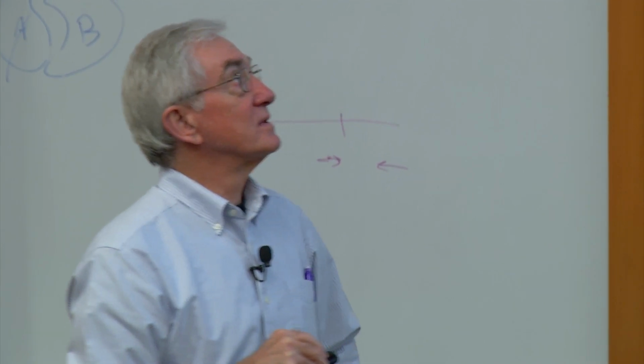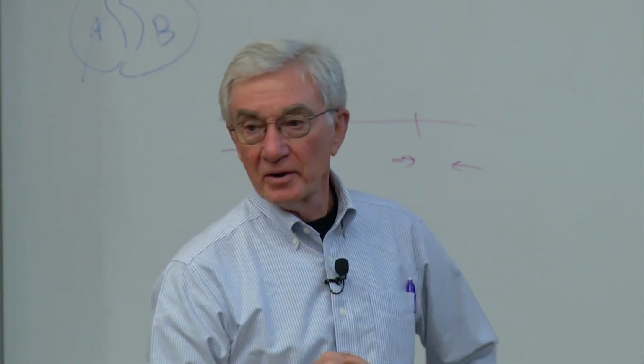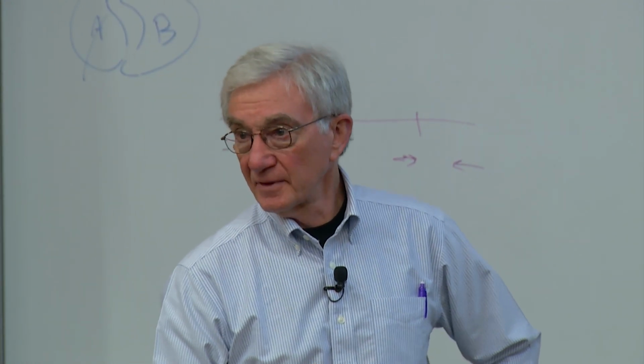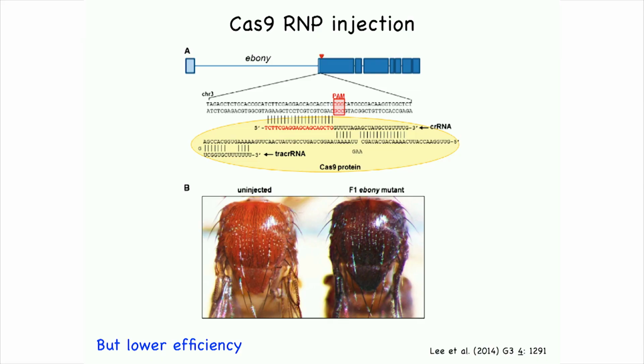People have used the Cas9 RNP approach in Drosophila as well. This is a paper from Jinsoo Kim's lab. Here they're targeting the ebony gene. In ebony mutants, the cuticle, this is the thoracic cuticle, is darkly pigmented compared to the wild type.